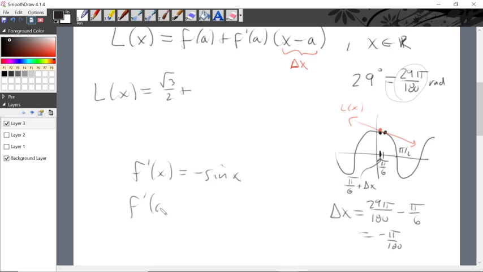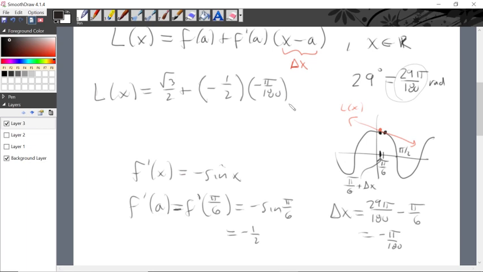So f prime of a, that's f prime of the fixed value we're plugging in, which was pi over 6, is negative sine of pi over 6. Negative sine pi over 6 is negative 1/2. So root 3 over 2 plus negative 1/2 times x minus a, which is 29 pi over 180 minus pi over 6, and that comes out to negative pi over 180.